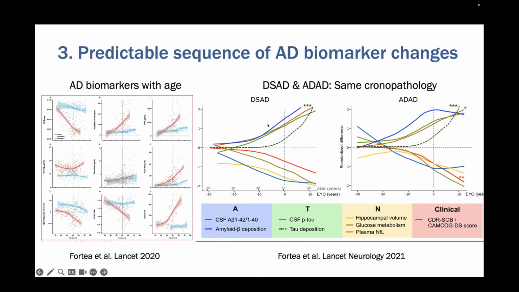The point I want to make is that in the models, where we analyze the chronopathology, how the disease unfolds across the lifespan, you can see that this unfolding of the disease is extremely similar in Down syndrome and autosomal dominant AD.